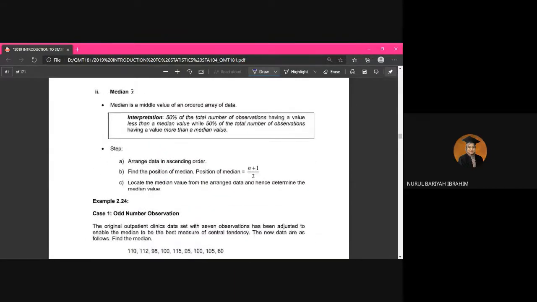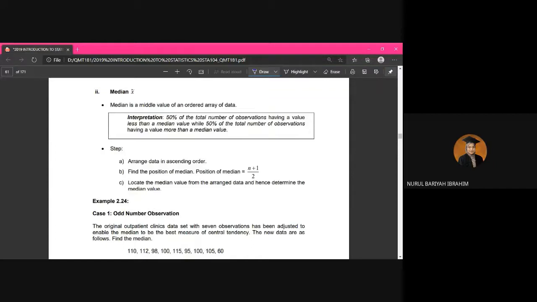Okay, so the next one is median. Just now was mean, so this one is median. Median is the middle value of an ordered array of data. This means that for the data that we have, we need to array the data first before we can find the value of median. And then you need to know how to interpret this median also.